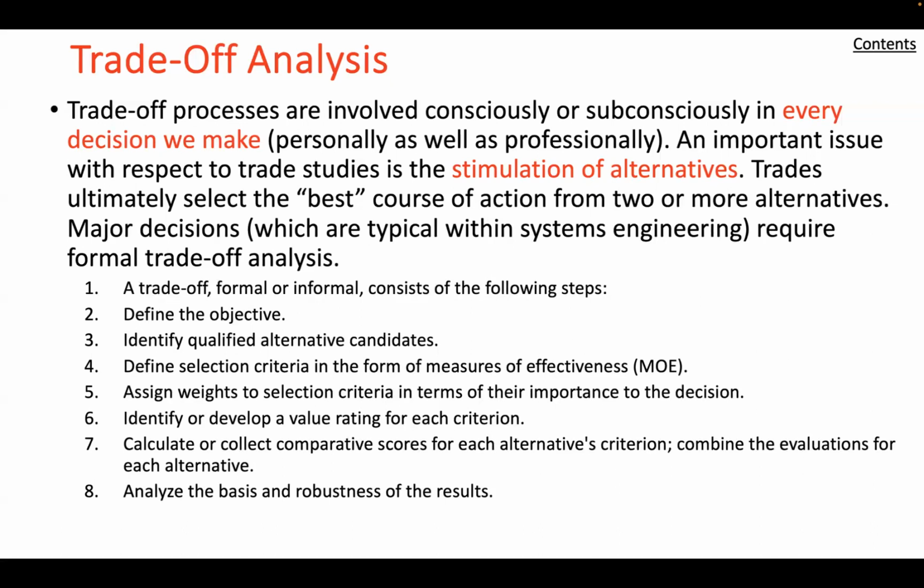Those cases in which decisions have to be approved by management or by customers must be formally presented, supported by evidence attesting to the thoroughness and objectivity of the recommended course of action. In other cases, the decision only has to be convincing to the systems engineering team. Thus, the trade-off process needs to be tailored to its ultimate use.